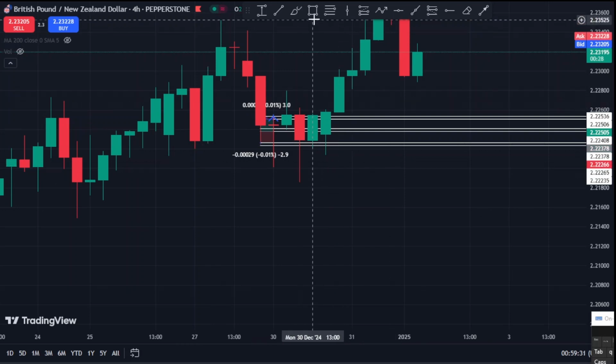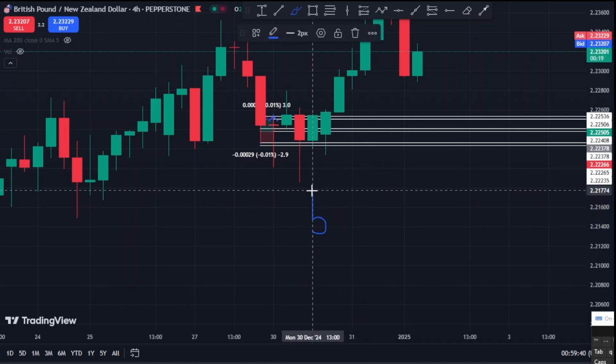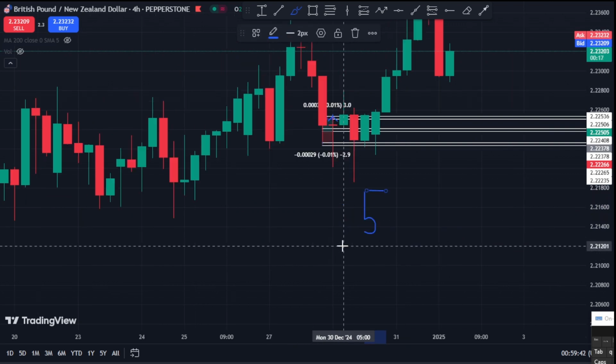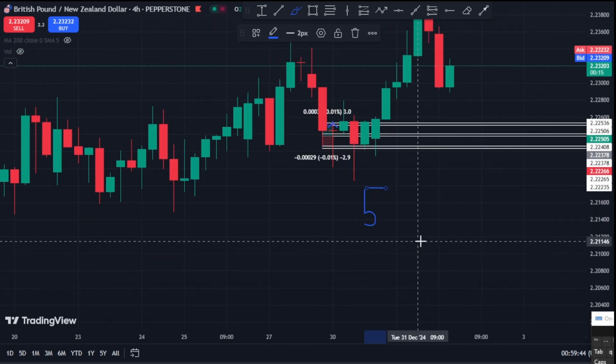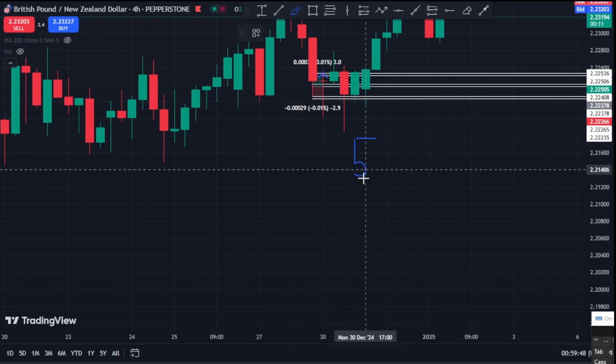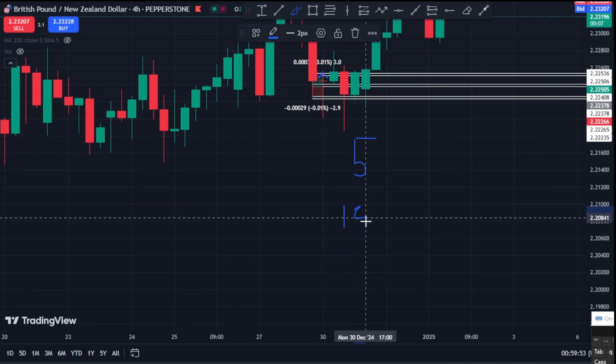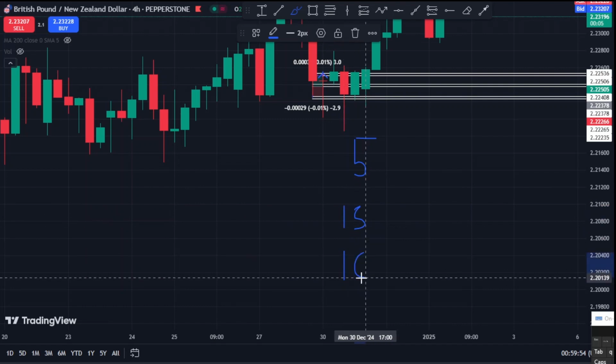So for example, if we are trading the 5 minutes, you are looking for maybe 15 or even 10 pips.